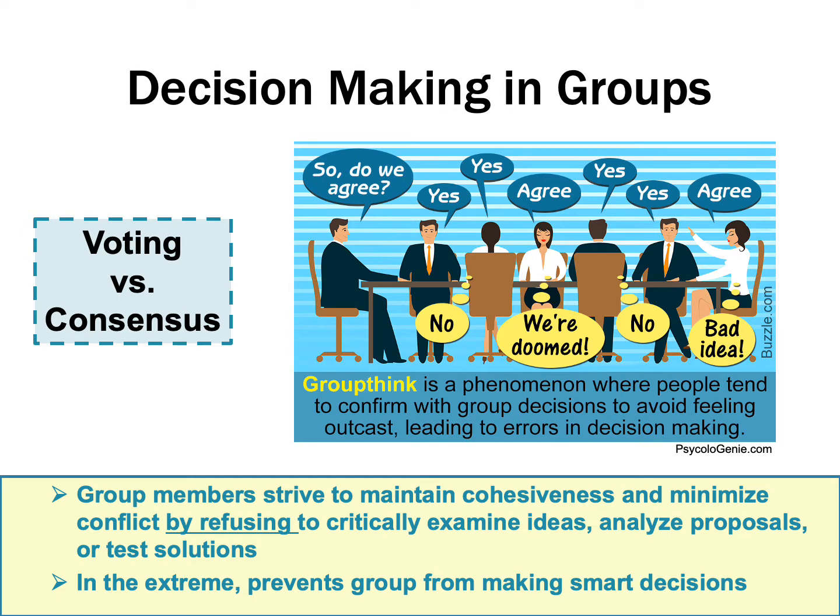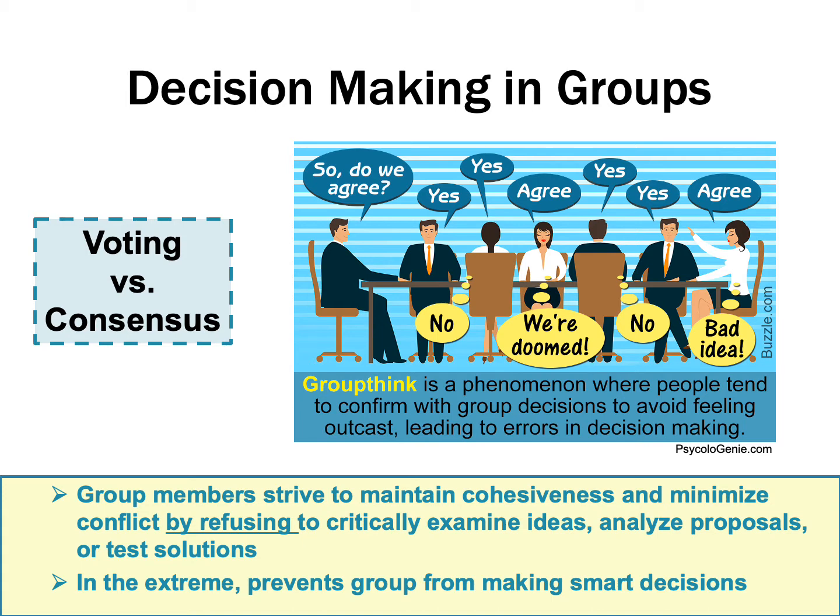So let's say that one of you knew the group was going the wrong direction on the assignment, and you don't speak up because you feel like they're not going to listen to you. Maybe you're intimidated, maybe you're scared, maybe you think they'll get angry with you, and you don't share that valuable information to get them back on track for fear of those ramifications.